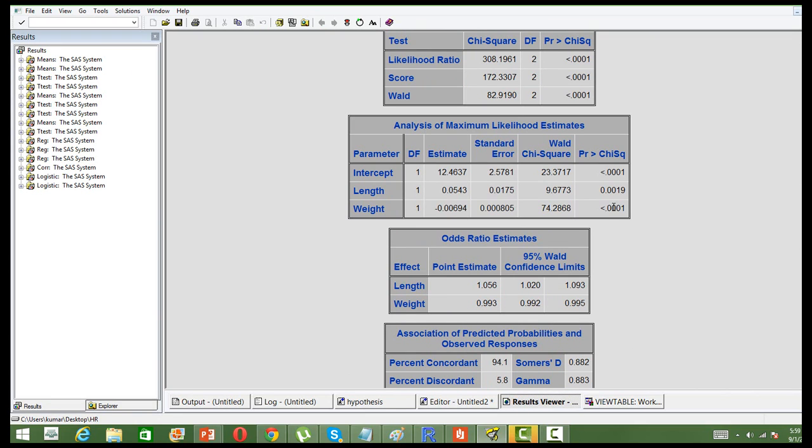Now tell me what is the relation between length and the probability that a car is going to be a good car, and the relation between weight and a good car.